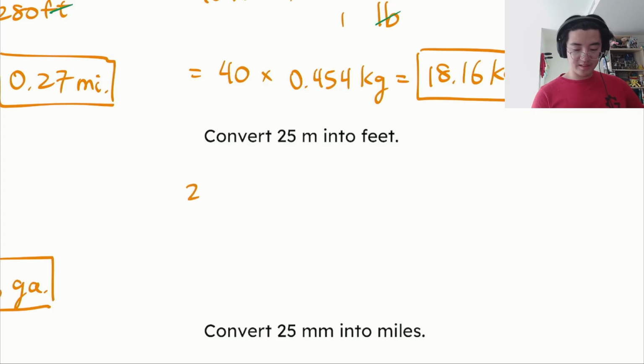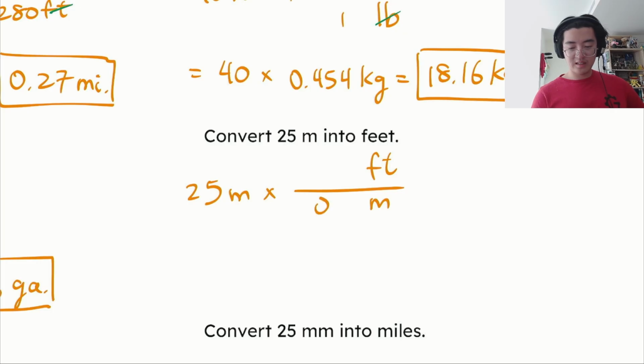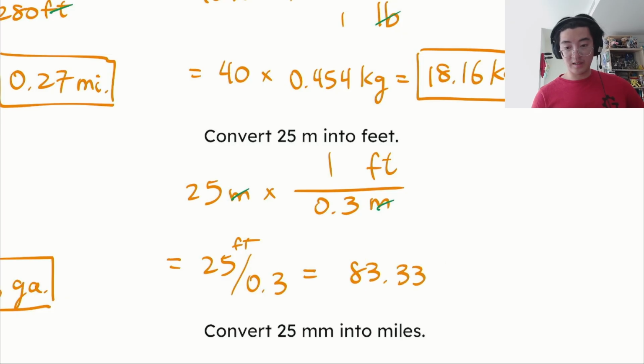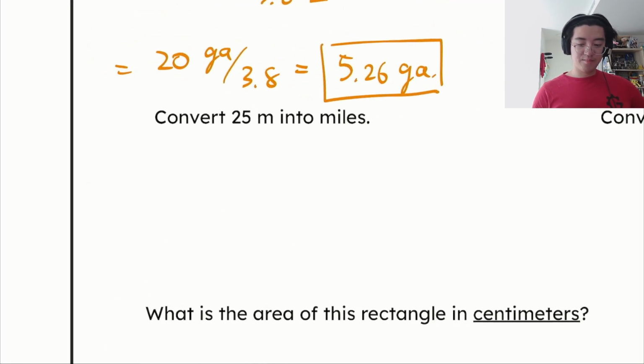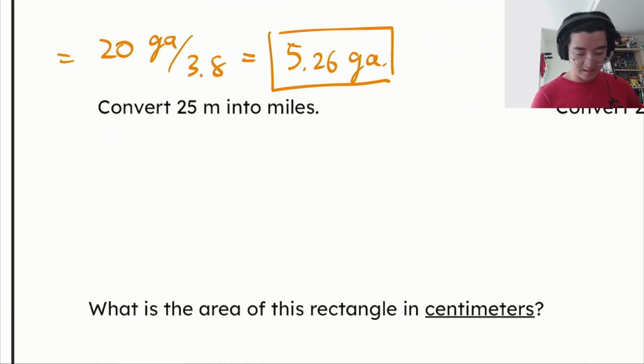Meters into feet. 25 meters, coming from meters to feet, we've got 0.3 meters for 1 foot. The meters cancel out. 25 divided by 0.3, which is 83.33 feet. Meters into miles. Here's a fun one.